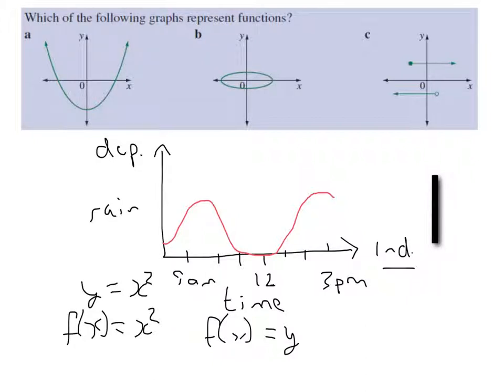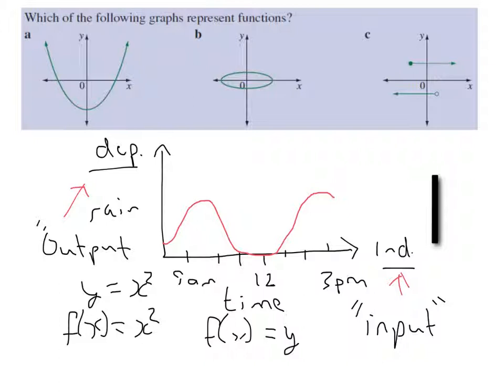So once again, I'd like you to think about the independent as being the input value, and that's pretty much always x, or the horizontal axis, and the dependent to be considered more of the output. So, for every input, there should only be one output.